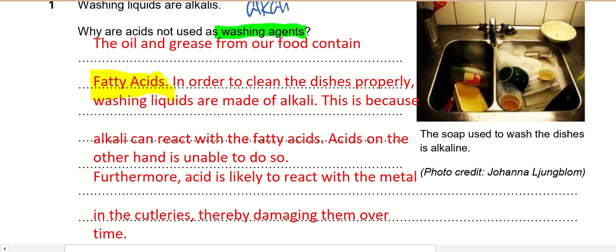Fats in your food, your starch, your proteins, and your fats. These fats are essentially fatty acids. So they are very, very mildly acidic. You are not going to use acid to get rid of all these. You are going to use alkaline. So this is reason number one that I can think of, because of the fatty acids in the food.